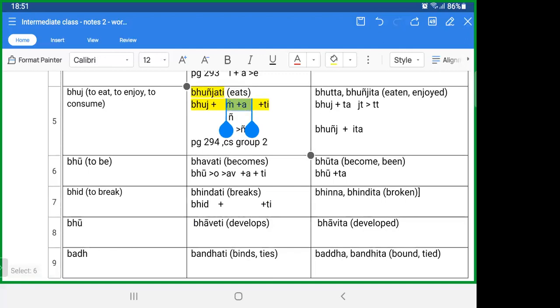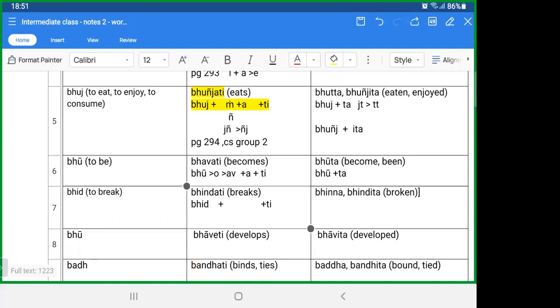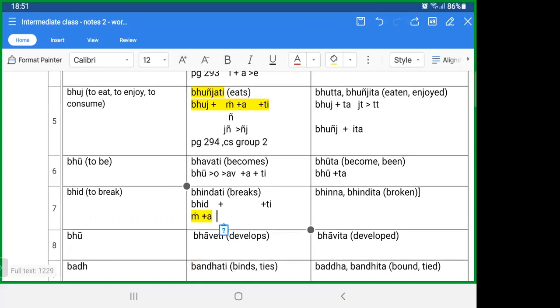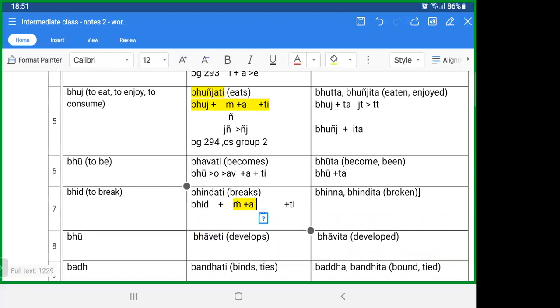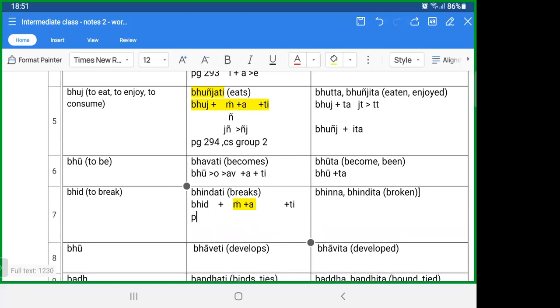So if you look at page 294, you'll find this bhid also, all right? So you have this bhid, same. This explanation is the same as just now, page 294. Okay, group 2.